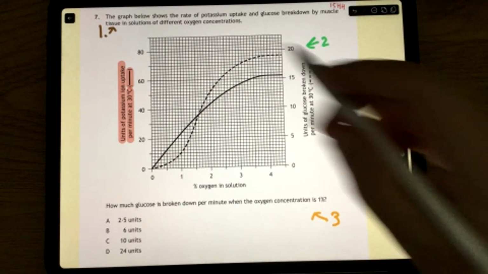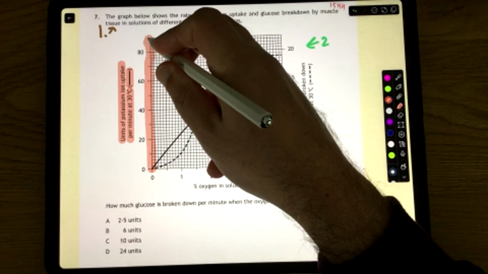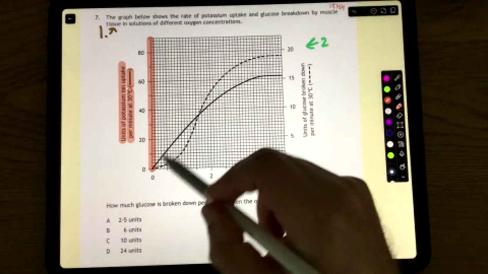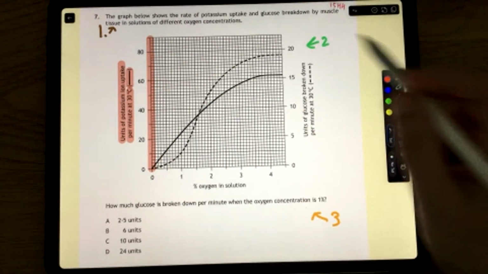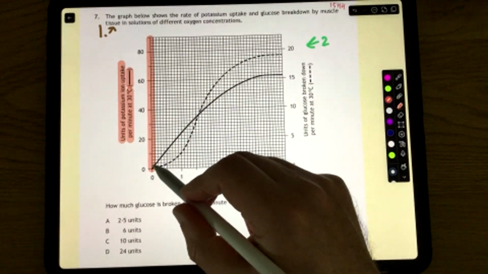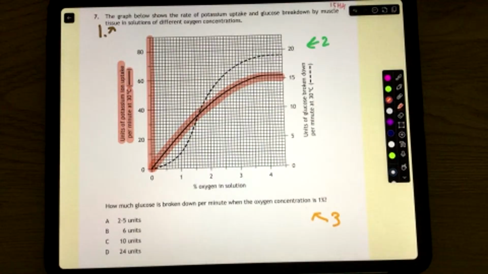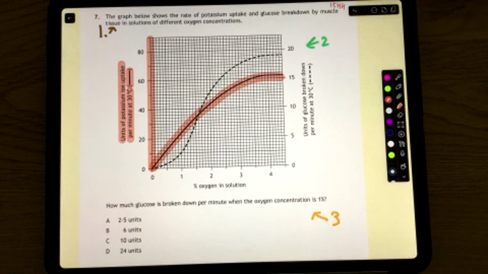The next thing I'm going to do is highlight the scale. So I'm going to take that up there. Alongside that, because we're dealing with the solid line, I'm going to take the highlighter and roughly highlight the solid line as it's placed upon the graph, right?